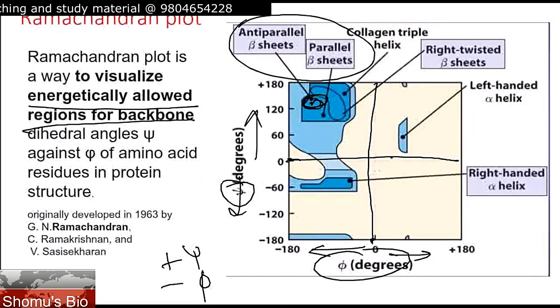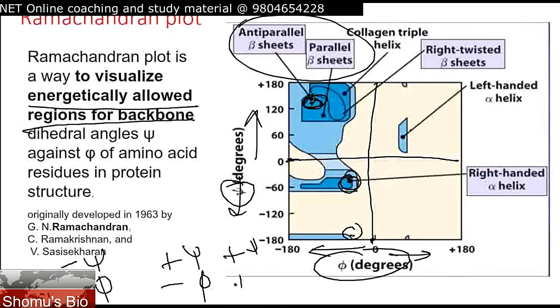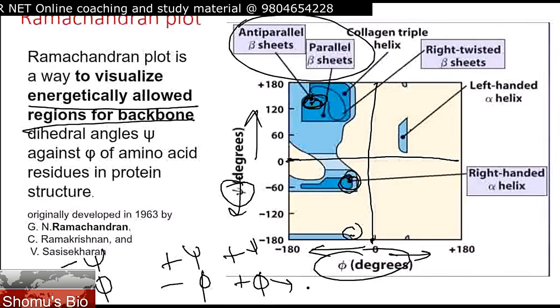Similarly, negative psi and negative phi favors alpha helix, the right-handed alpha helix, while positive phi and positive psi represents left-handed alpha helix.